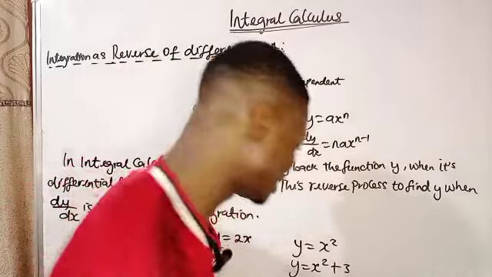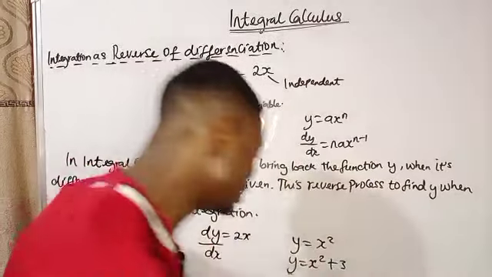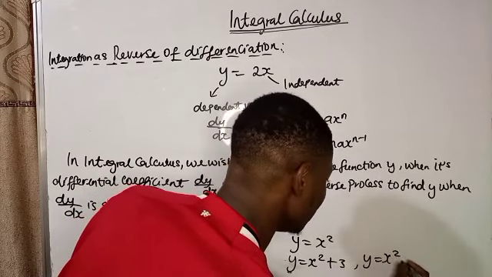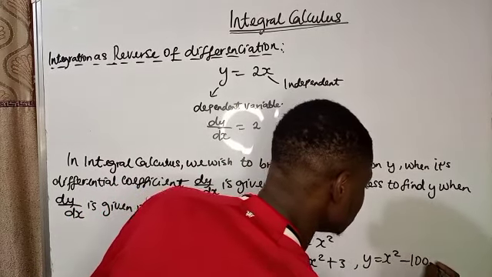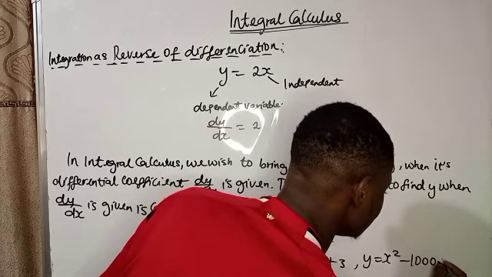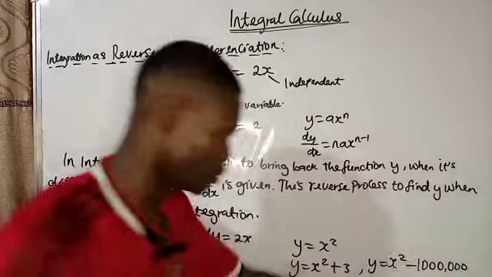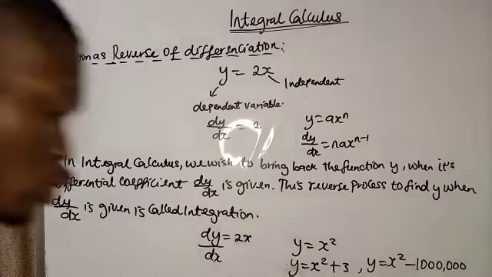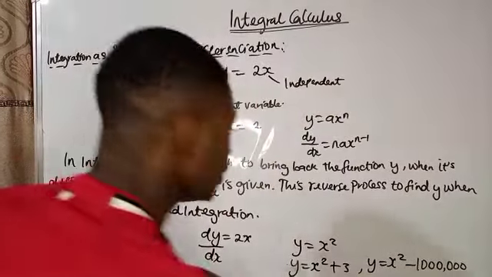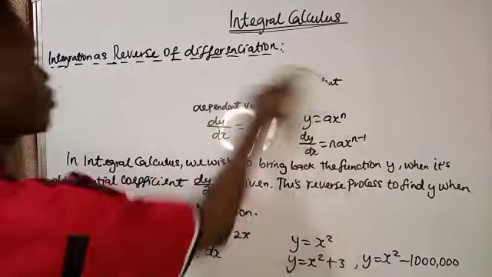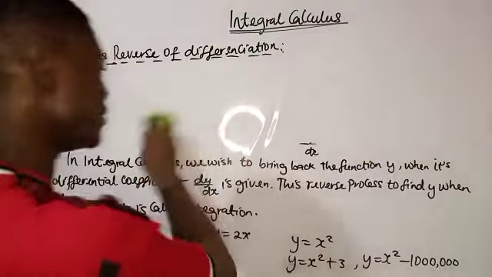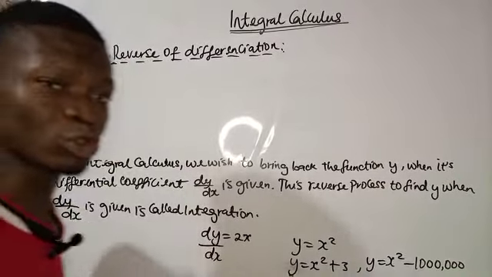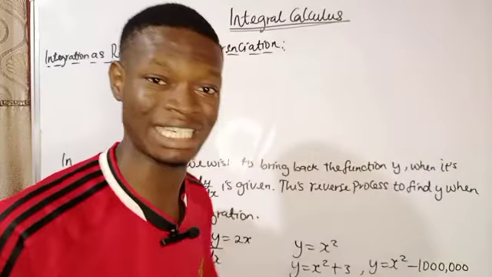Another person can say, uncle, I don't agree with this person, my own is y is equal to x squared minus 1 million. This person is also correct. Now, this problem, where this person is correct and this person is also correct, brings us to what we call the constant in integration.